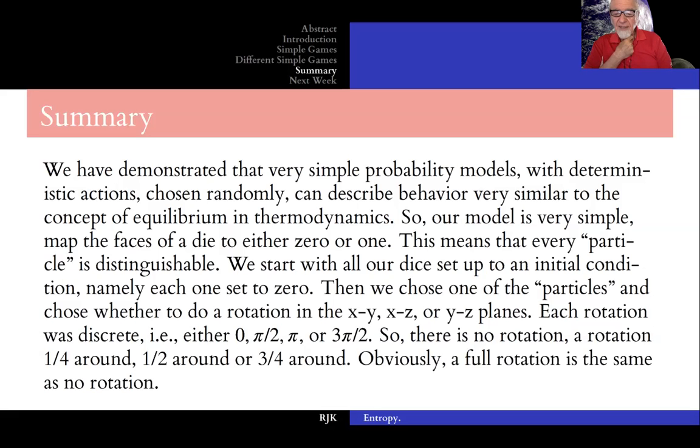Whenever I did an action, I chose randomly what rotation to do, but the rotation itself was always in the XY plane, the XZ plane, or the YZ plane. Each rotation was discrete: 0, pi over 2, pi, or 3 pi over 2. So everything was deterministic in the way the actions were done. Only the choices were random.